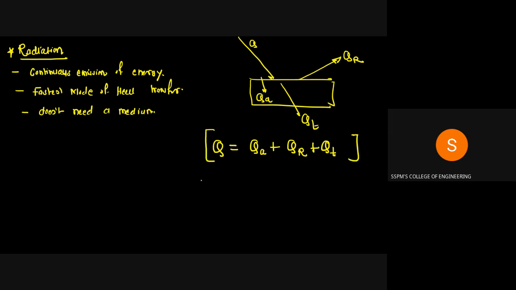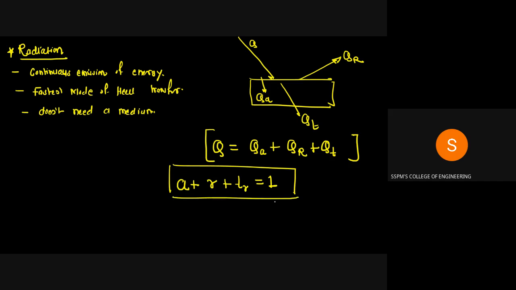And from this, we have the relation for coefficient of absorption plus coefficient of radiation plus coefficient of transmission. This is equal to 1. So A is nothing but coefficient of absorption. This is given by amount of heat absorbed divided by total amount of heat supplied.